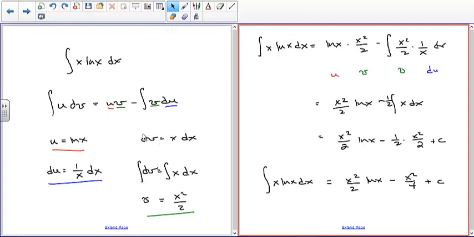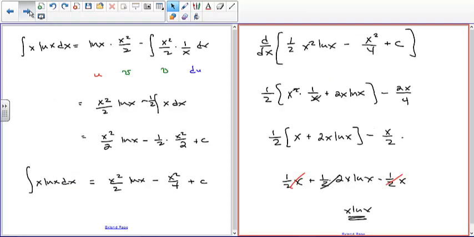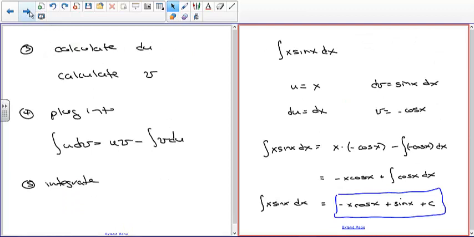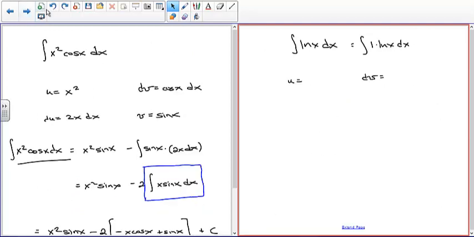We can't use the natural log as dv here because we don't know what its integral is. That's what we're trying to figure out. So in this case, u is the natural log of x, and dv is just dx, or 1 dx if you want to call it that. So go ahead and take the derivative, and the integral of dx is just x. Actually, the integral of 1 dx is x.